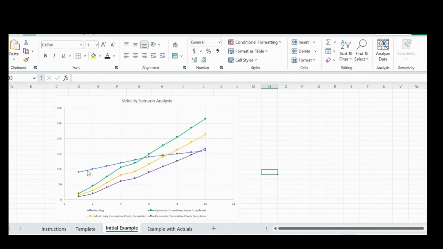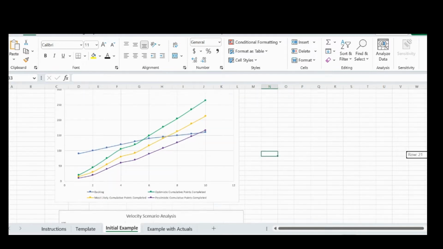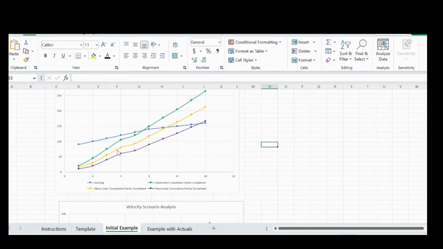These curves represent the velocity of your team based on optimistic in green, most likely in amber, and pessimistic scenarios in purple. And then the points at which your backlog intersects your velocity is the time that you forecast your project will be done, because you have completed your backlog.